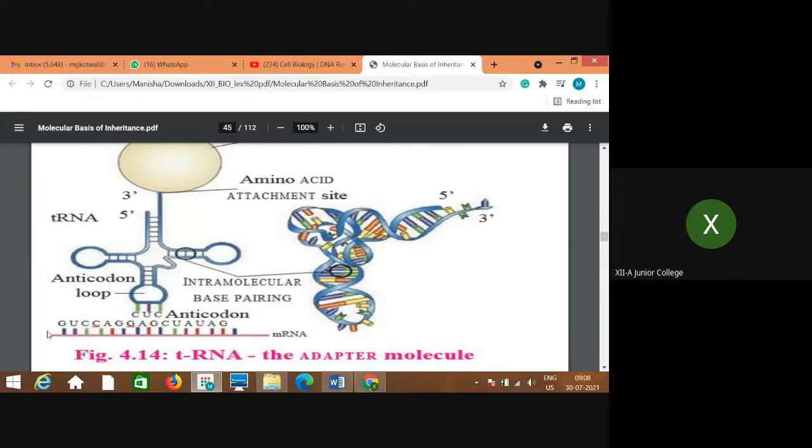Now, can you see the arrow which I am showing here? Just let me know. Yes, ma'am. So this is the structure of mRNA. It is labeled also here.